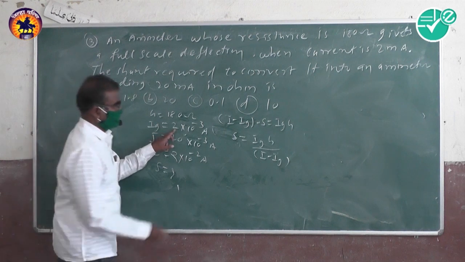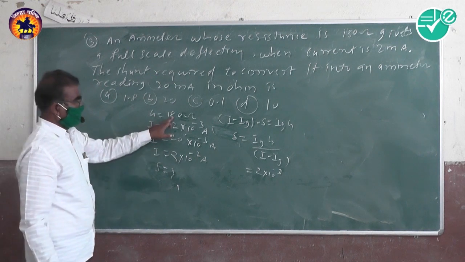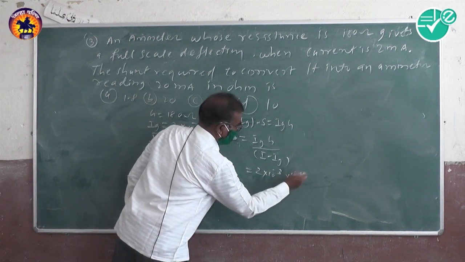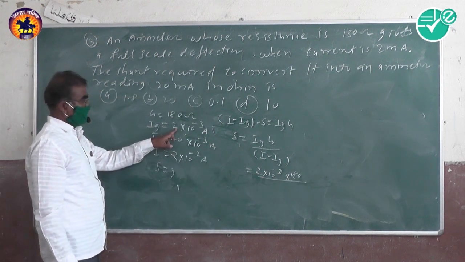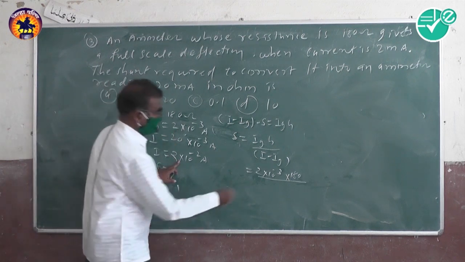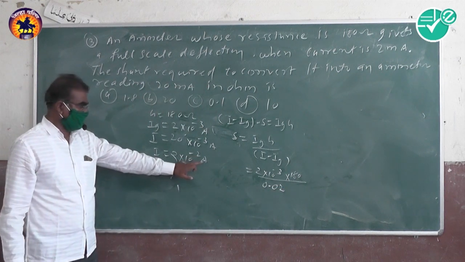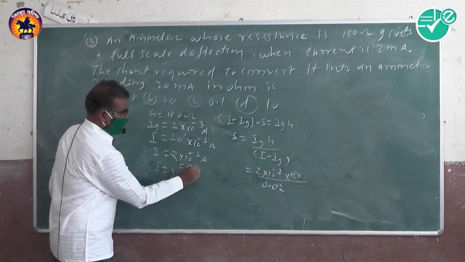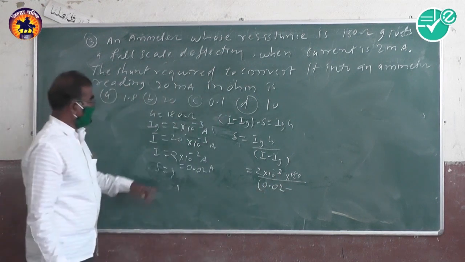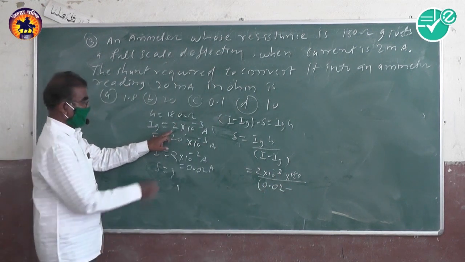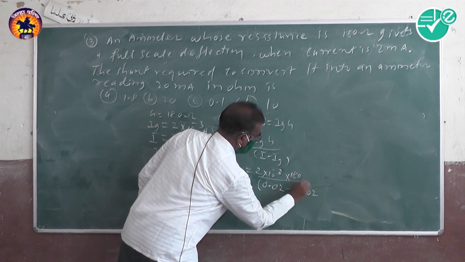Ig is 2 into 10 raised to minus 3, G is 180, divided by I minus Ig. I is 2 into 10 raised to minus 2, written as 0.02 ampere, minus Ig, written as 0.002 ampere.